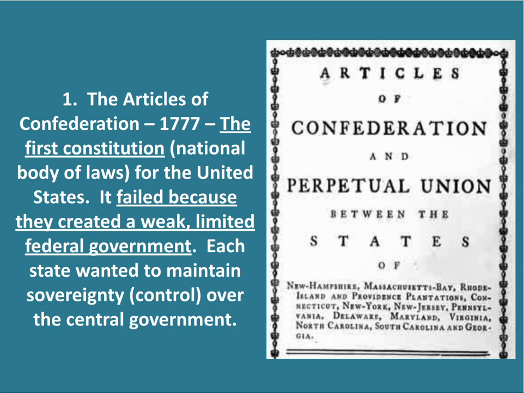The difference between the Articles of Confederation and our current U.S. Constitution is that it shifted a lot of power away from the states and gave it to the federal government. The Articles of Confederation was a document that more empowered the states. The states had what we might call sovereignty.